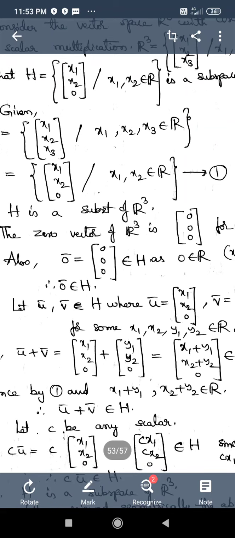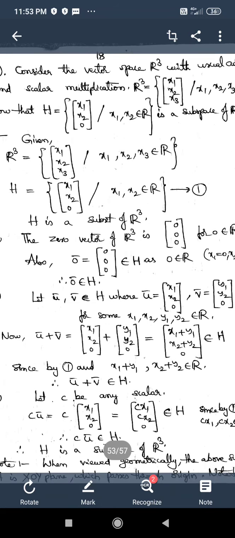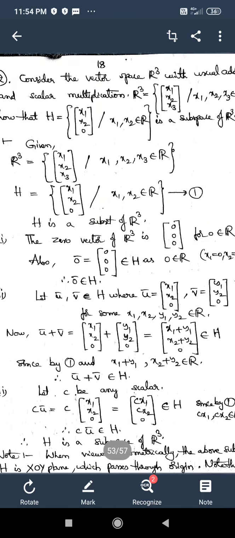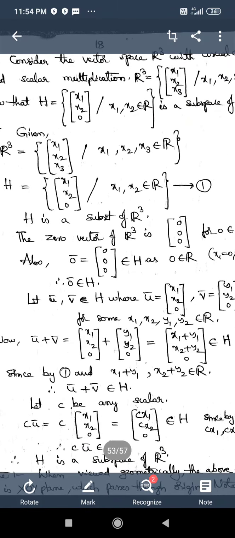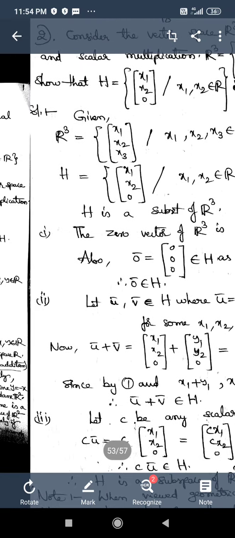If these three conditions hold in H, then only H can be a subspace of the given vector space V. So in the same manner, here that given set H can be a subspace of the given vector space R3 if the three conditions are satisfied in H. Let us see whether they are satisfied, and if so, how.